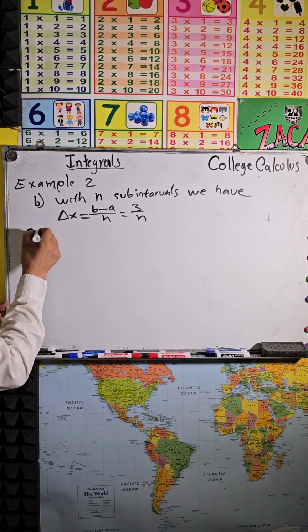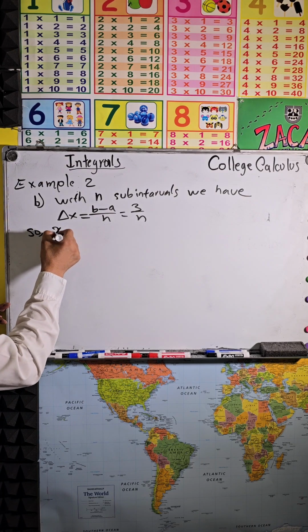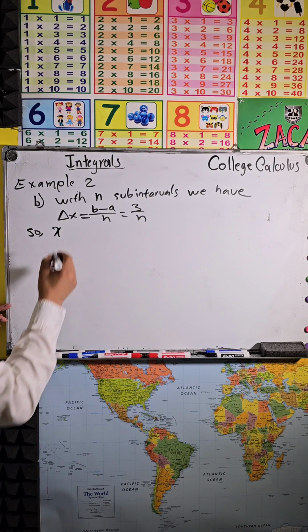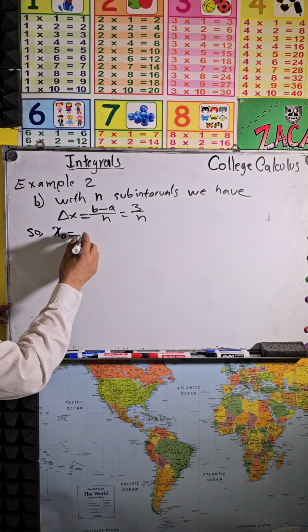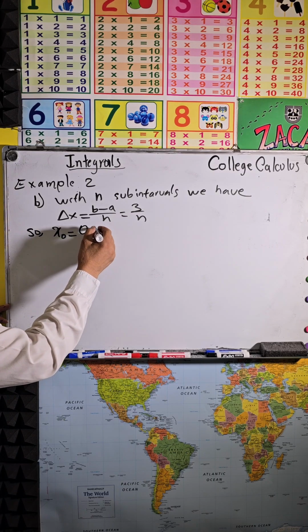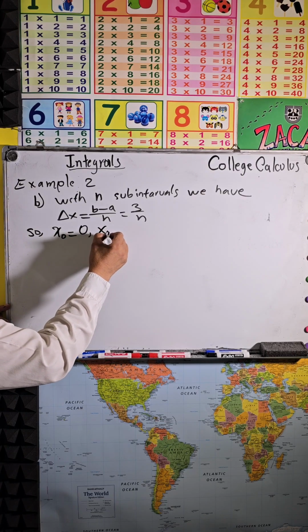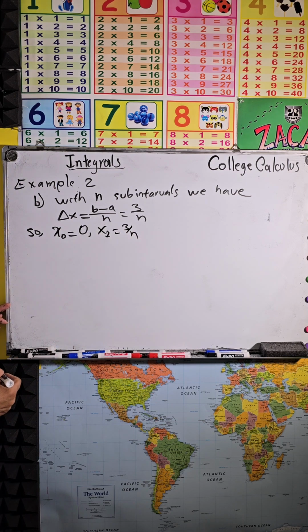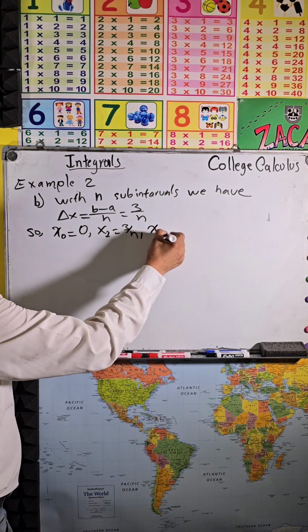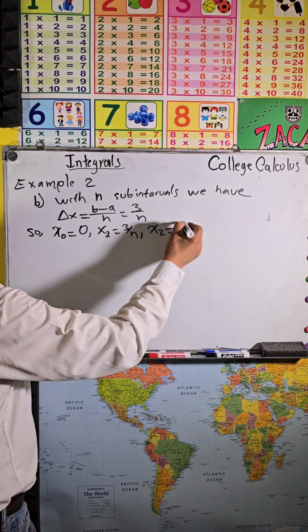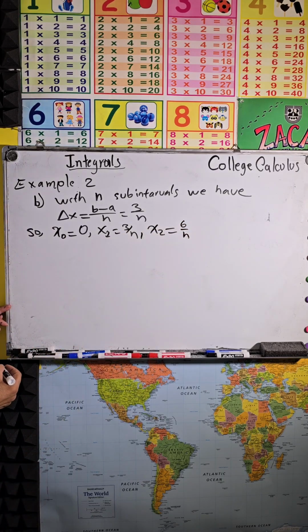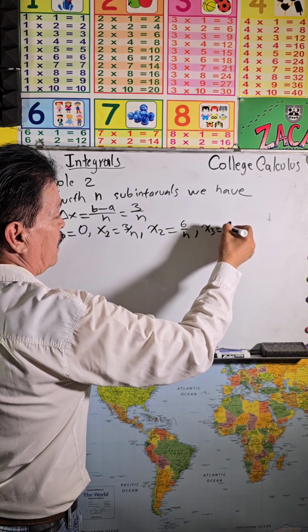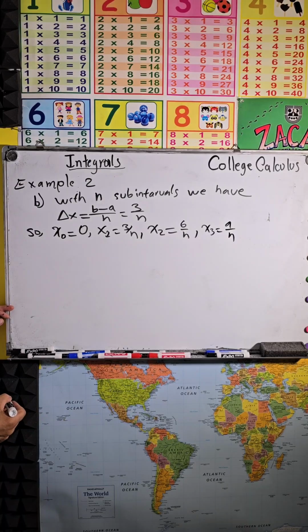So then we have x0 equals 0, x1 equals 3 divided by n, and then x2 equals 6 divided by n, right? x3 equals 9 divided by n, right?